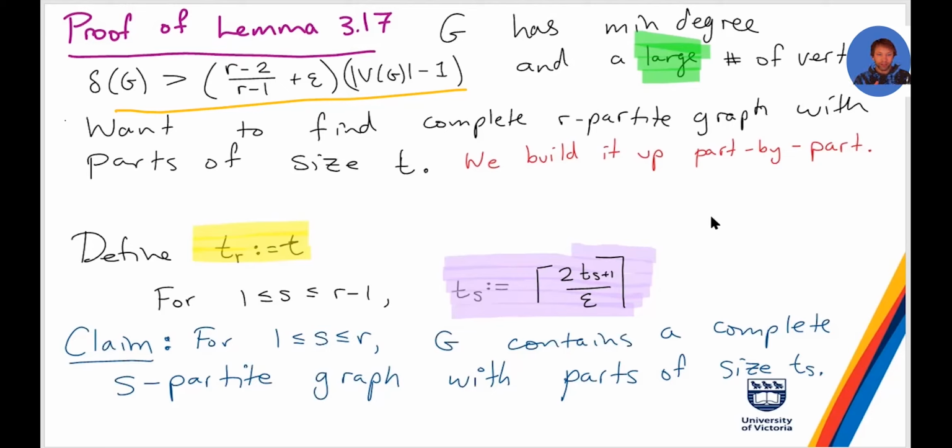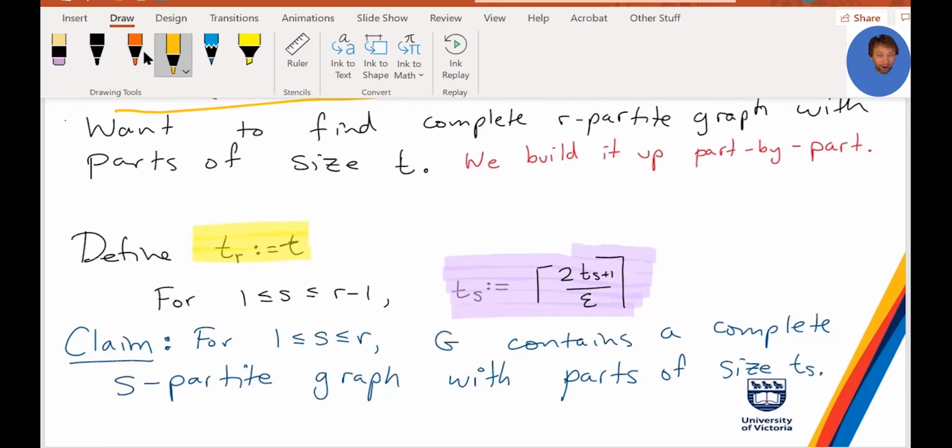So the way we're going to do this is to greedily build it part by part, but we have to be a little bit careful with how we do this. Imagine I have G and I'm trying to build the first part of my complete R-partite graph with T vertices in every part.